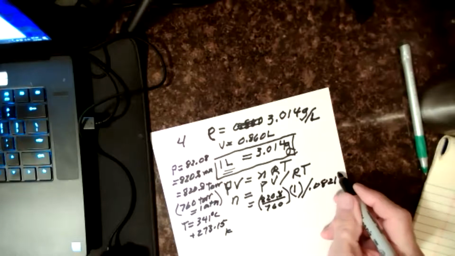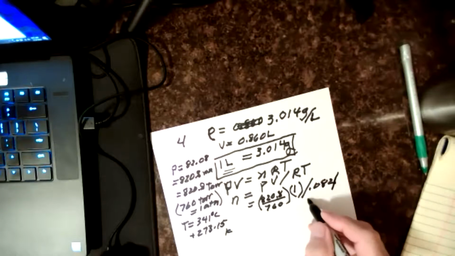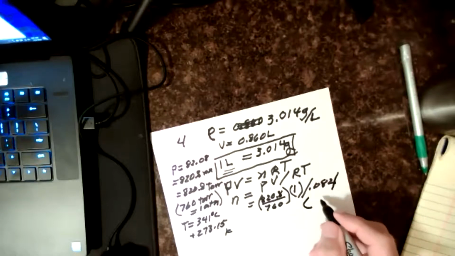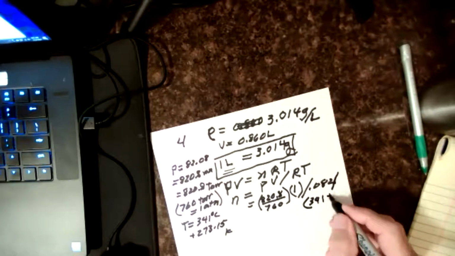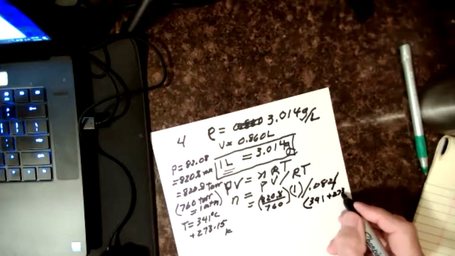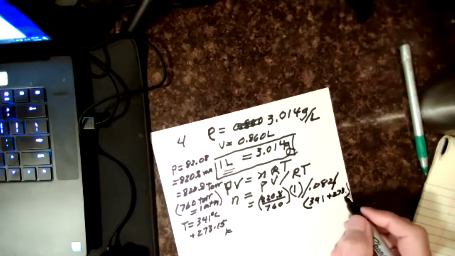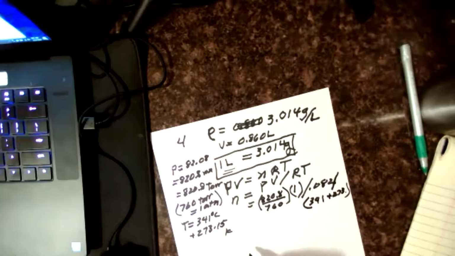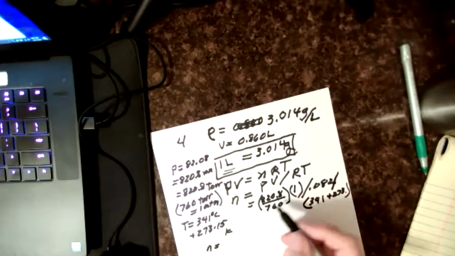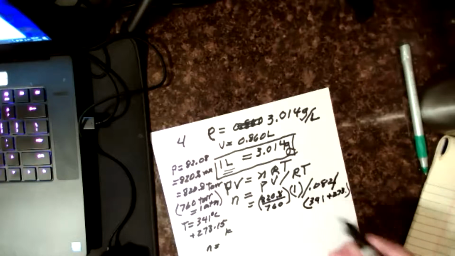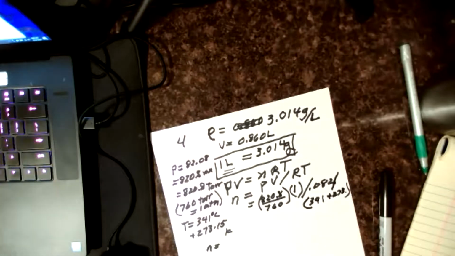So I want to divide over here by 341 plus 273.15. Okay, so I got my setup. I can do my calculation. The number of moles I'm going to get is this divided by this, divided by this, and this. So let's do that on the calculator.